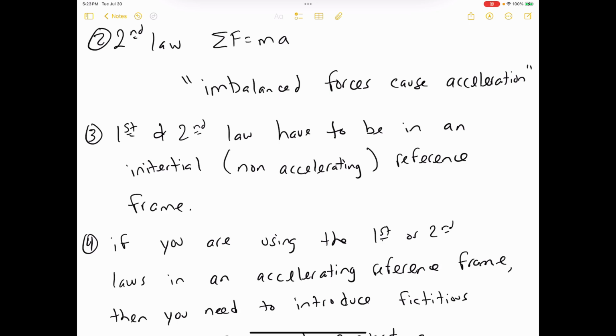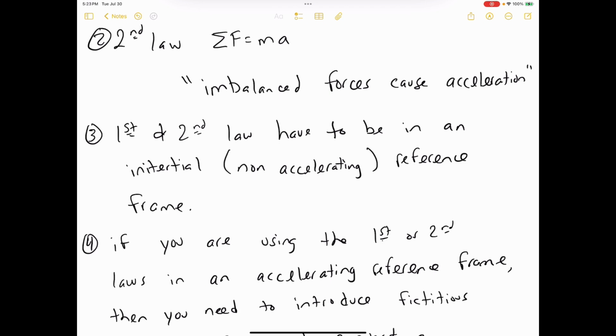But if you had this ball and you wanted to analyze it using Newton's first or second law, and you were inside of an accelerating car, for example, you couldn't, because the reference frame there is accelerating. So when you're analyzing something, you have to ask, what's your reference frame? Is the reference frame accelerating, or is it not accelerating? And if it's accelerating, you can't use it.